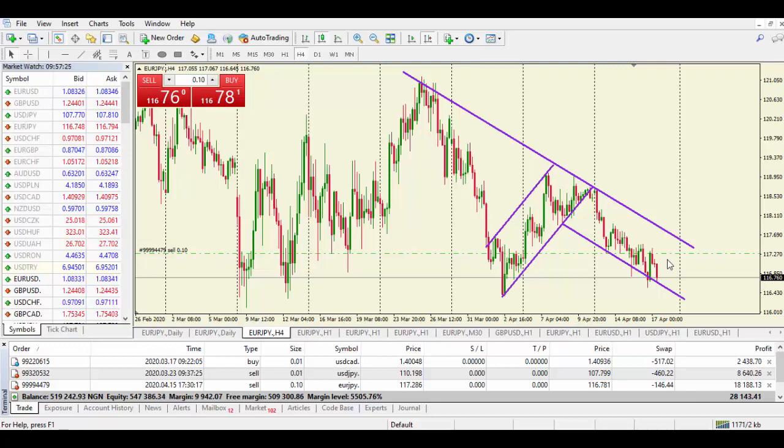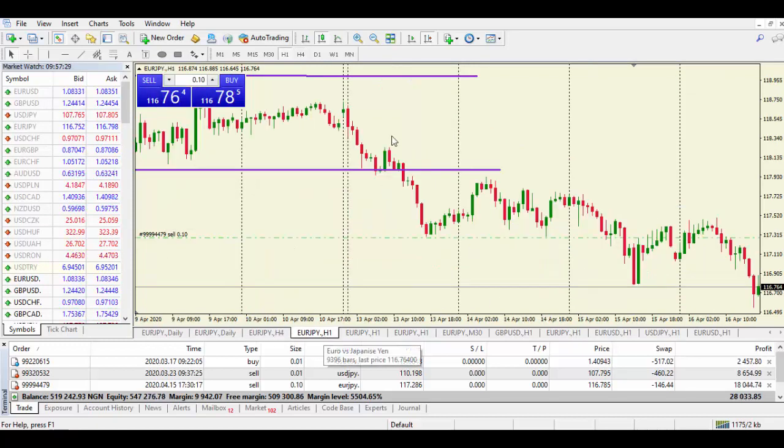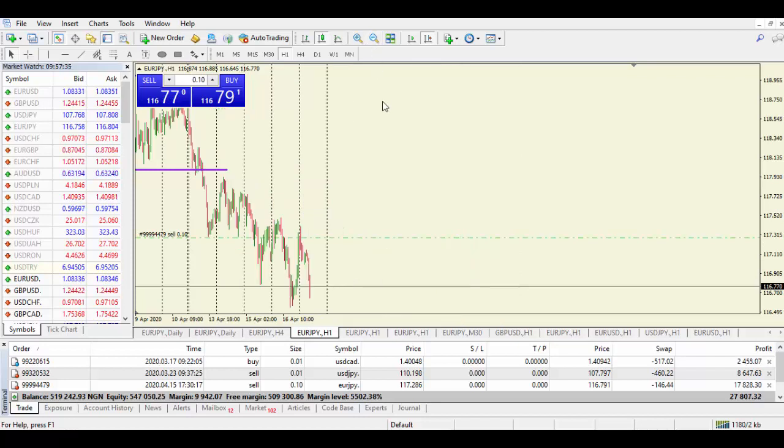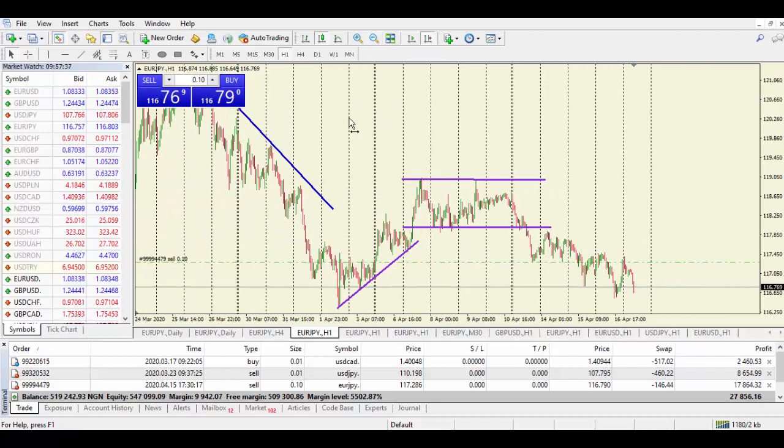Then on the H1 time frame, and this is the H1 time frame, let's reduce the zoom up here. So we have done so. You remember the daily time frame is looking at a clear downward movement. Now we saw a range here.